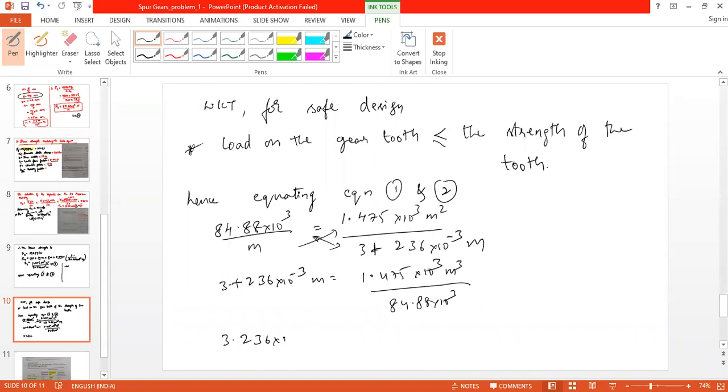So it is 3.236 into 10 power minus 3 m is equal to 10 power 3, 10 power 3 get cancelled. So it is almost 0.0174 m cube, right?